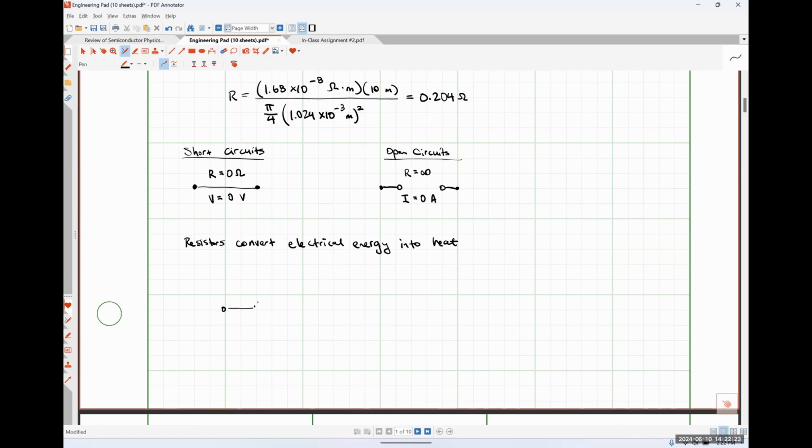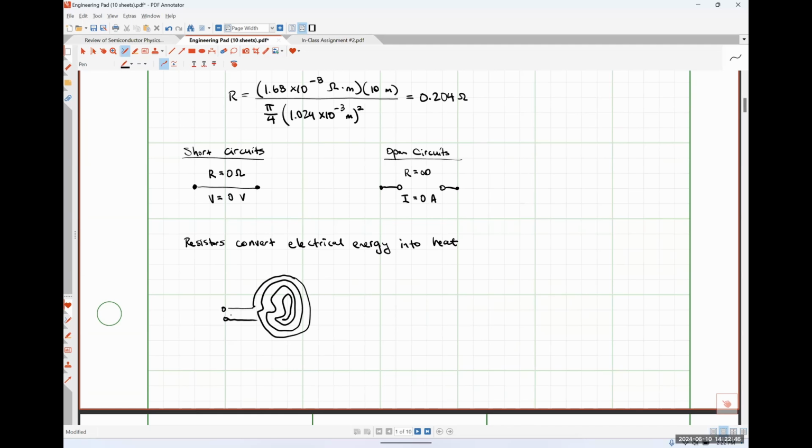So you would have a lead that connects to the electronics of your stove top. And then it's this weird coil thing, like so.